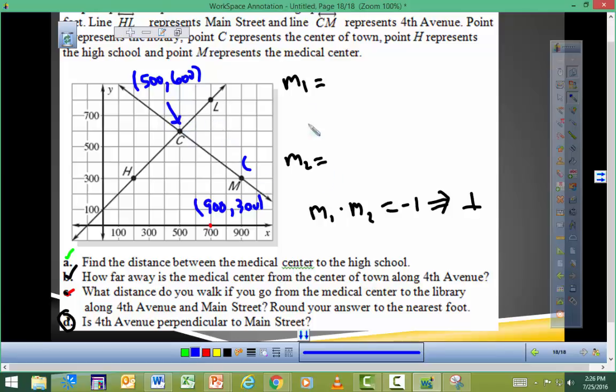So slope number 1 we'll find going this way. It's got to be negative because it's going down, right? Remember, it's rise over run, so it's y2 minus y1 over x2 minus x1. In this case we're going to subtract these coordinates. So 300 minus 600 over 900 minus 500.